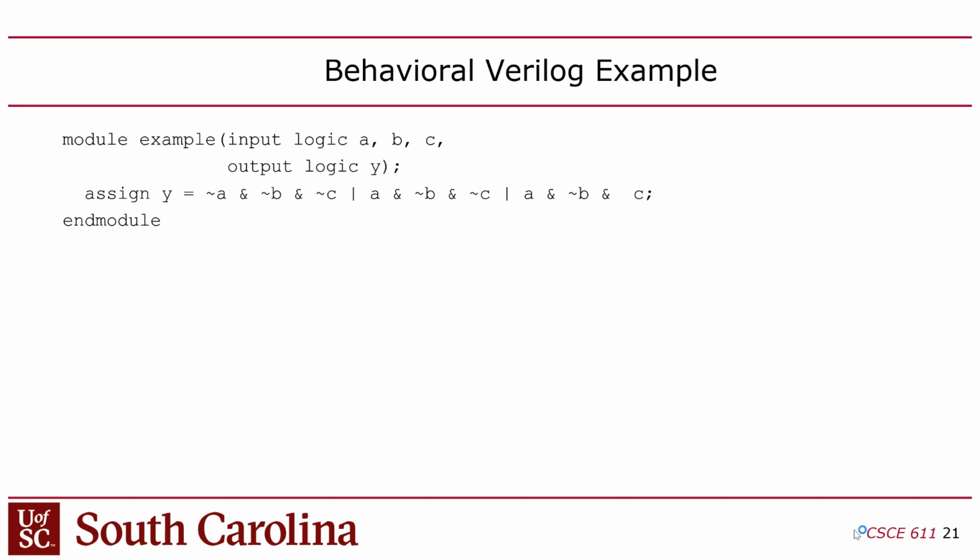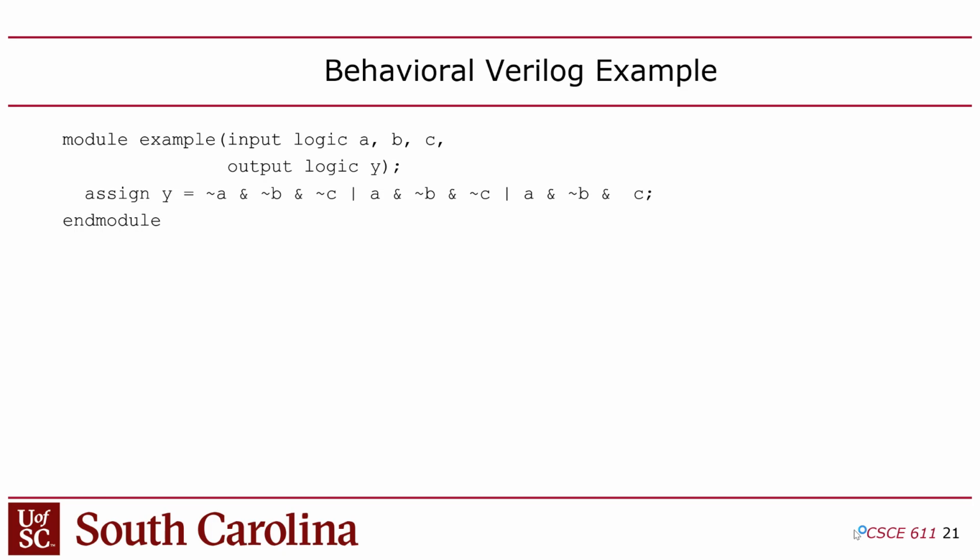Now there is some variation on how you can write the inputs and outputs. Notice in this case I say input logic. Logic is the basic data type, by the way. So input is a modifier. So I say input logic A, comma B, comma C, comma output logic Y. So the way this works, and this is one feature that you don't see in Java and C++, B and C don't have a type associated with them.